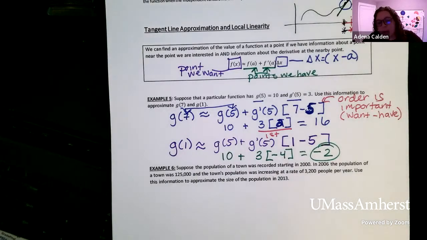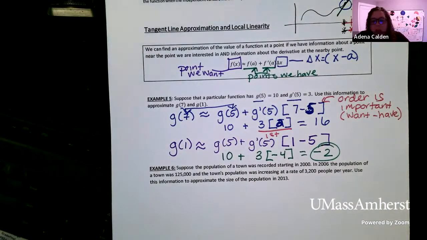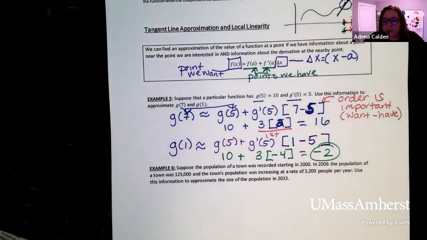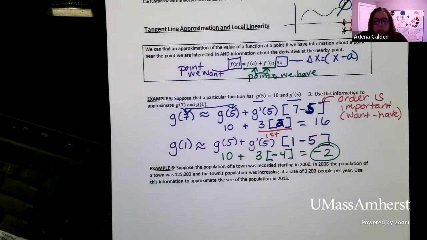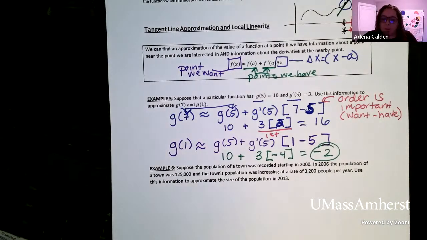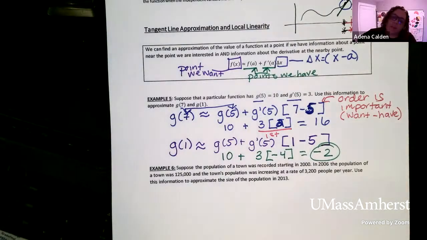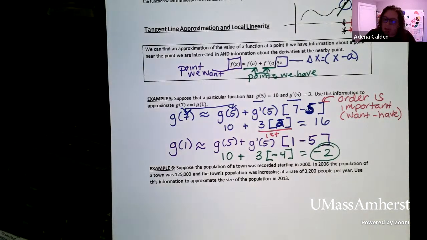In 2006, the population of the town was 125,000, and the town's population was increasing at a rate of 3,200 people per year. Use this information to approximate the size of the population in 2013. Okay, so I want you to think about what is the information we have, how can we write that using mathematical notation, and then what is the population we want, and how can we use this process to approximate it.